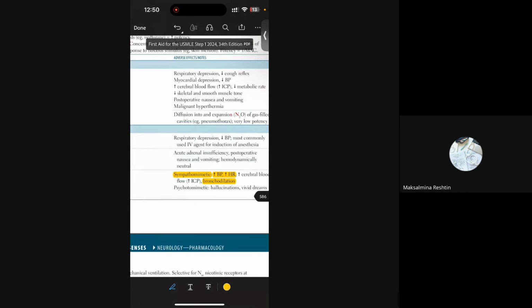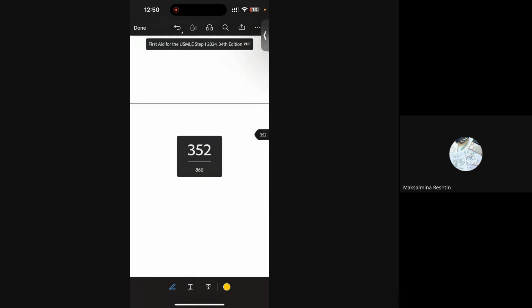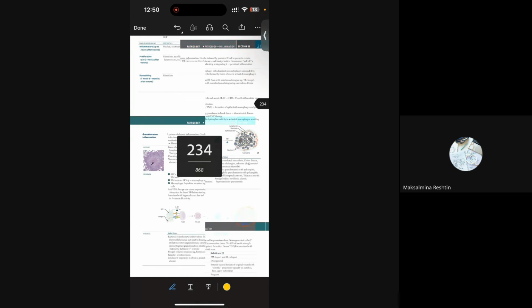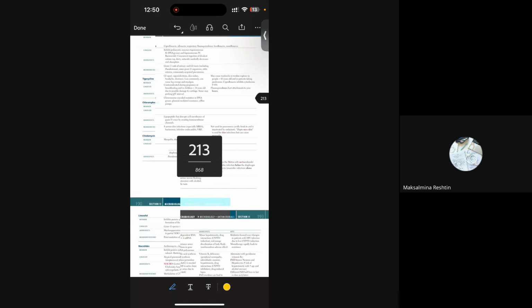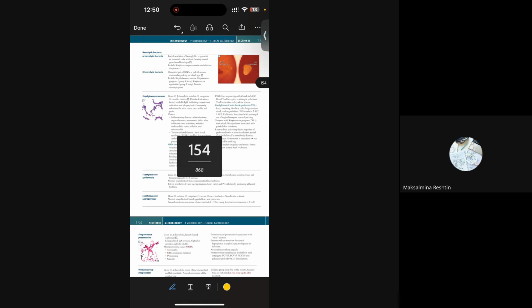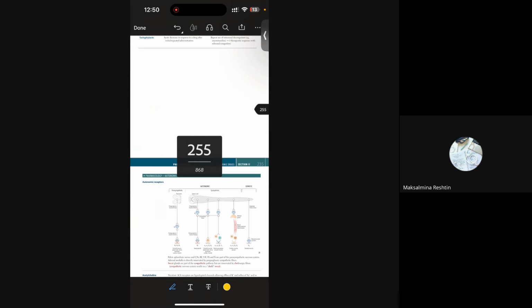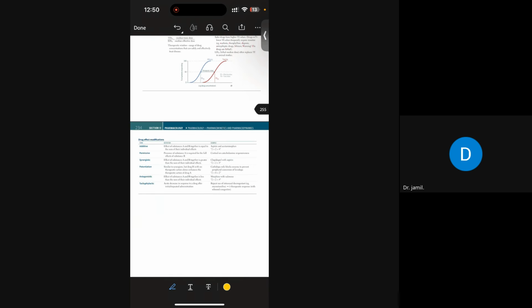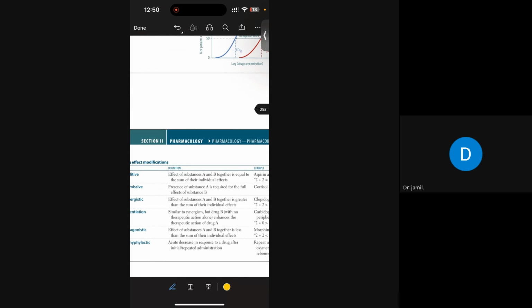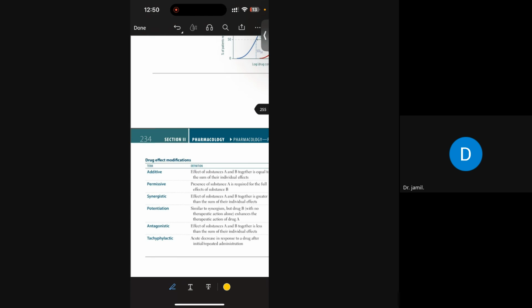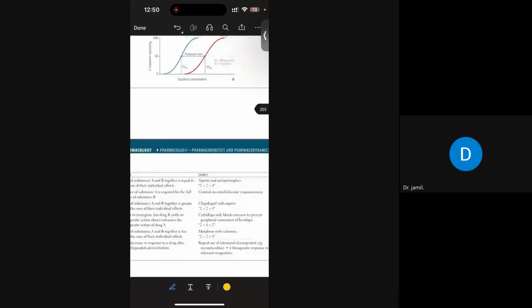This concept is not written in the pulmonology section; we have to go into the general pharma section. It was also mentioned in cardiology: steroids, cortisol, are permissive with sympathetic drugs.